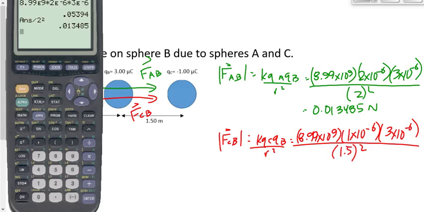Let's figure out what this one is now. 8.99 times 10 to the 9 times 1 times 10 to the negative 6 times 3 times 10 to the negative 6. Divide that by 1.5 squared. 0.011987.